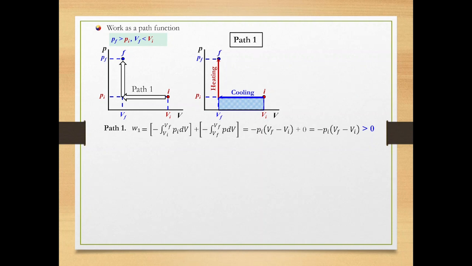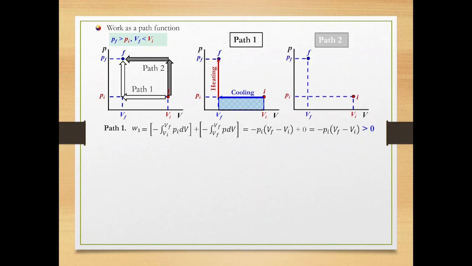Let's go back to the first plot. The final state of the compression process can be reached via path 2. The first step of path 2 is made by increasing the pressure to Pf, while the volume of the gas is maintained constant to Vi. And the second step is made by compressing the gas from Vi to Vf, while the pressure of the gas is maintained constant to Pf.